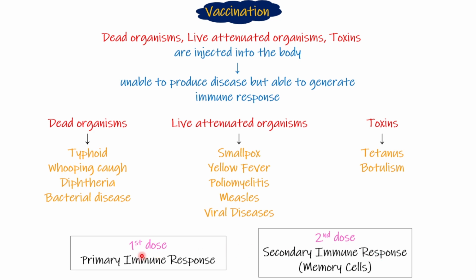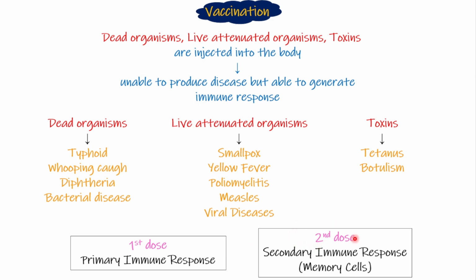As I stated in that lecture, the B cells will take time to mature into plasma cells, which will then produce antibodies, and this whole process will take some time. But this first exposure will result in the generation of memory cells.